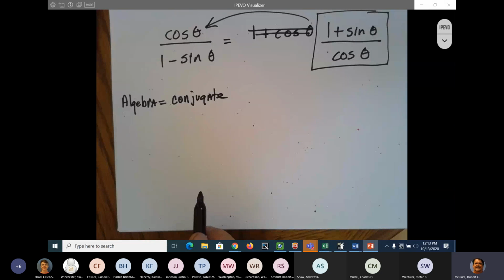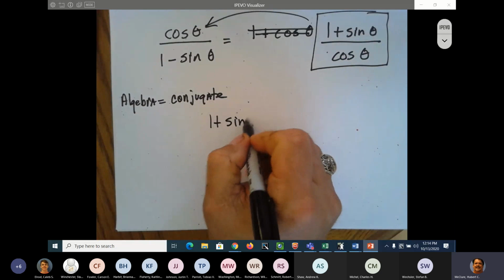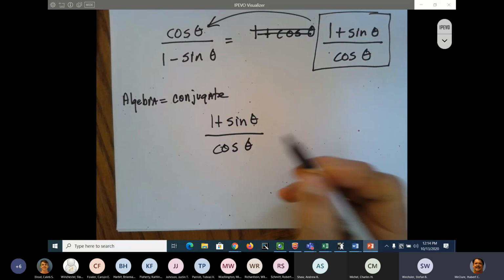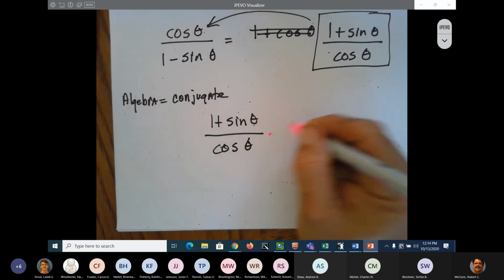And the conjugate of 1 plus the sine is what? What's the conjugate of 1 plus the sine? 1 minus the sine. So I'm going to take this guy, 1 plus sine theta over cosine theta, and I'm going to rewrite it by multiplying by the conjugate.